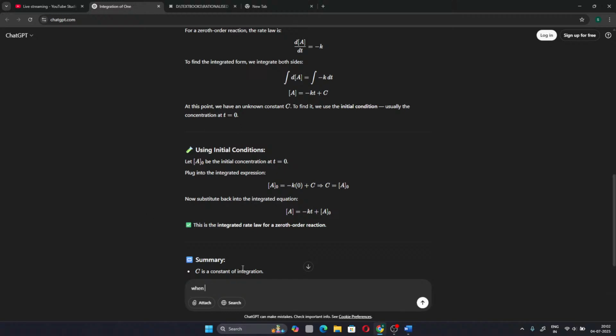When we integrate 1/x with respect to dx, the answer is ln x.